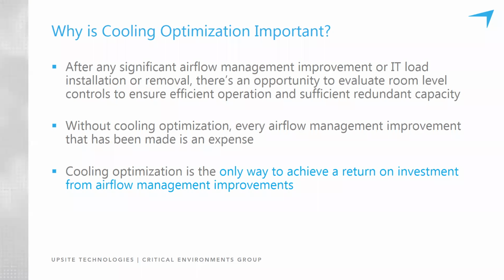Cooling optimization is really important because every time there's adjustments in the computer room, and computer rooms are generally pretty dynamic environments, IT load comes, and sometimes there's decommissioning of equipment and it leaves.